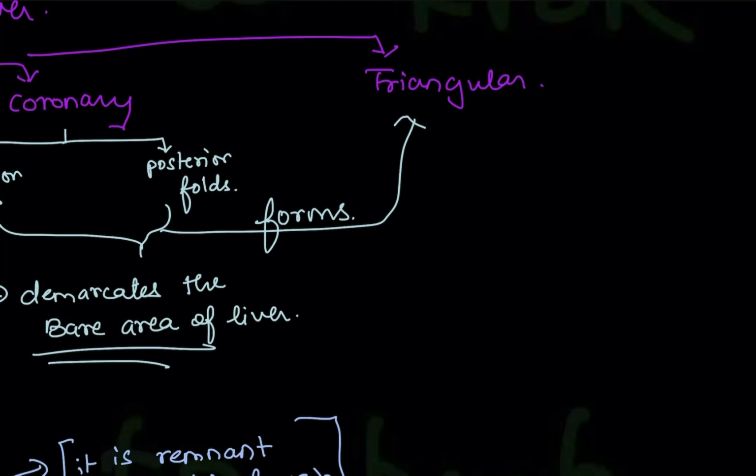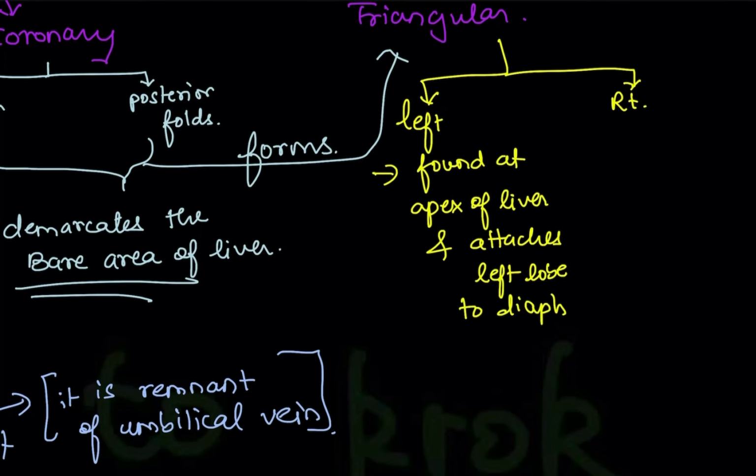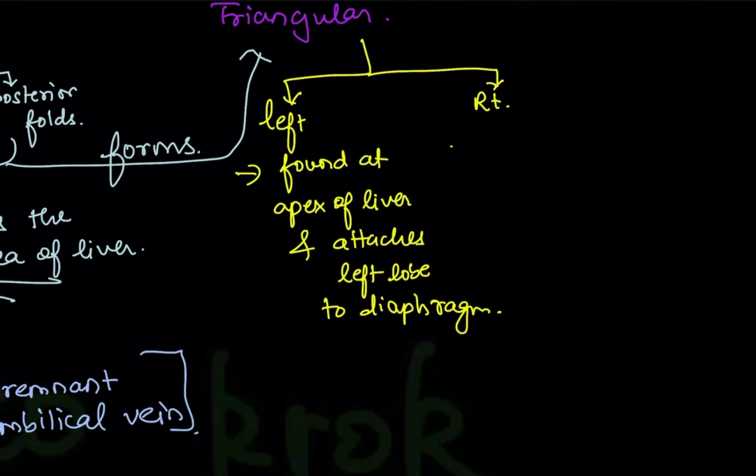Now triangular ligament is divided into two, that is left triangular ligament and right triangular ligament. Left triangular ligament is found at the apex of liver and attaches the left lobe to diaphragm. The right triangular ligament is present adjacent to the bare area.